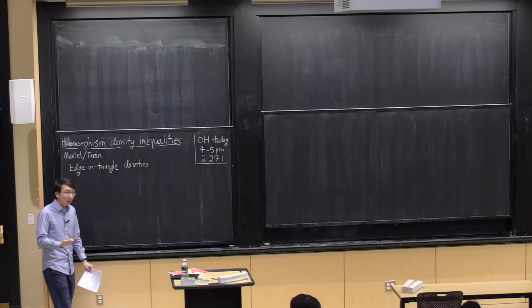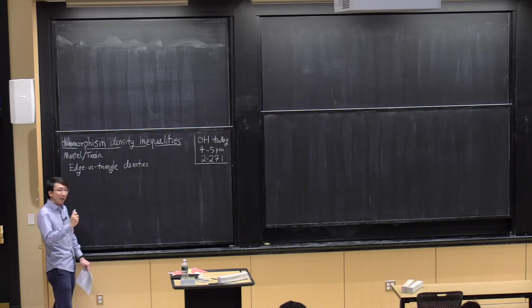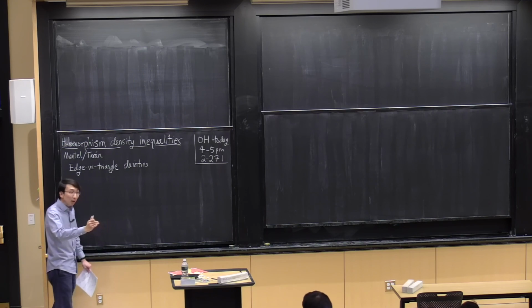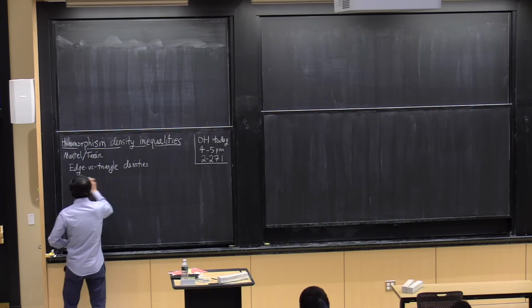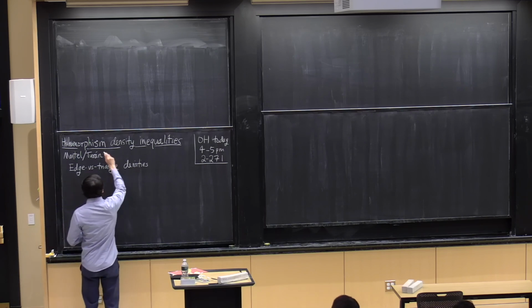Mantel's theorem tells us something, namely that if your edge density exceeds 1/2, then your triangle density cannot be 0. That's what Mantel's theorem tells us, and let me write it down like this.